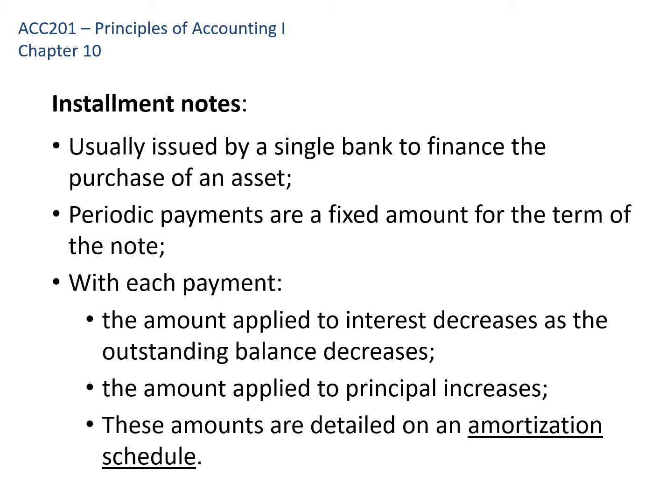So in the beginning, the interest portion of payments is larger and the principal portion is smaller. And then that switches over time. Towards the end of the loan, the principal portion is much larger than the interest portion because, again, the interest is on the declining balance of the principal of the loan.